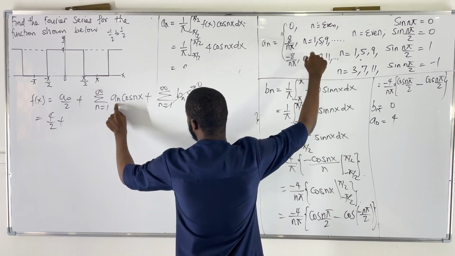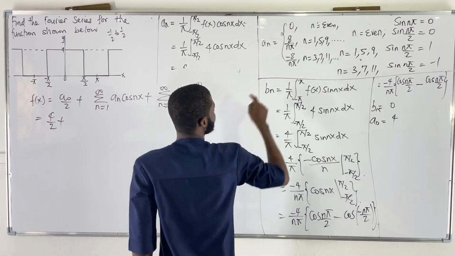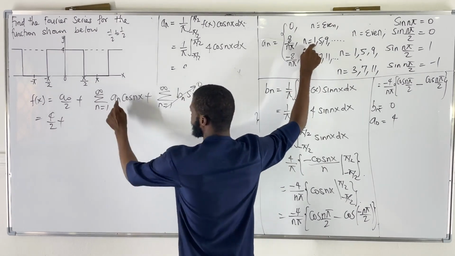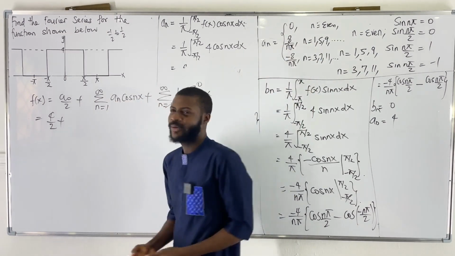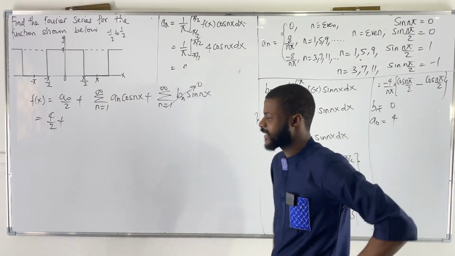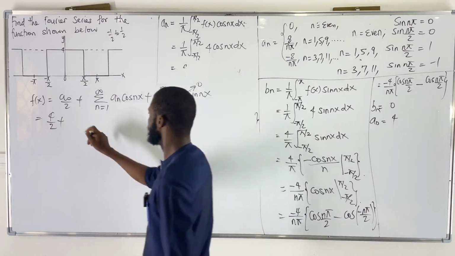So what we're going to do is start by saying, okay, when n is equal to 1, a sub n is 8 over n pi. Let's proceed.